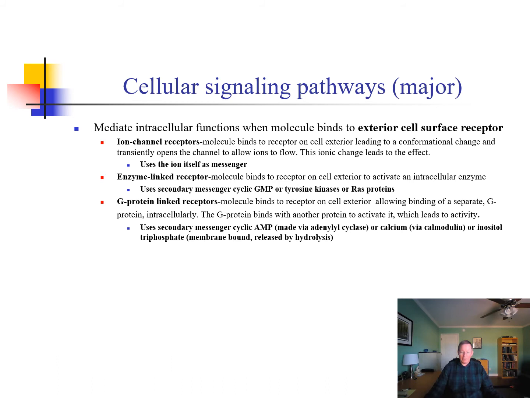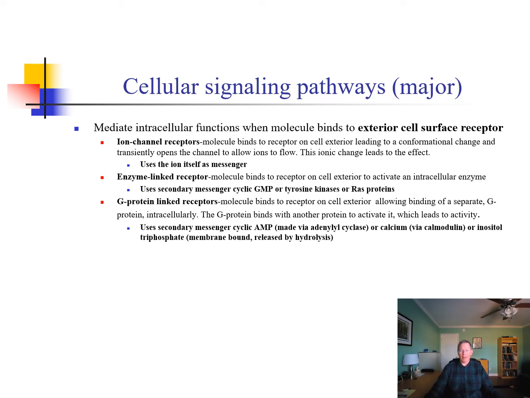Now, there are lots of different signaling pathways. I'm going to talk about several major pathways. But the more we investigate, the more we find that there are different pathways. Small molecules, things like nitric oxide, have been found to be pathways for cellular signaling.